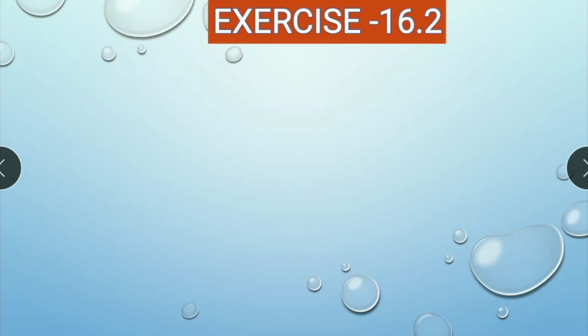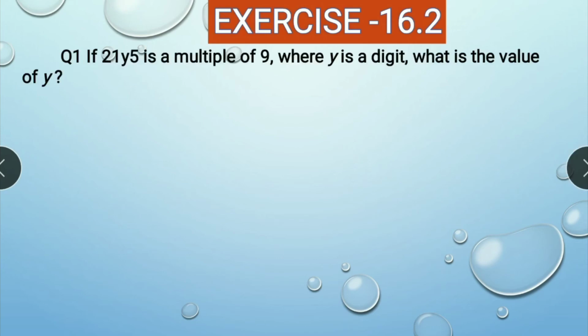This exercise is based on divisibility test. So question number 1 here is, if 21y5 is a multiple of 9, where y is a digit, what is the value of y? See, this number is a multiple of 9. Clear? 21y5.